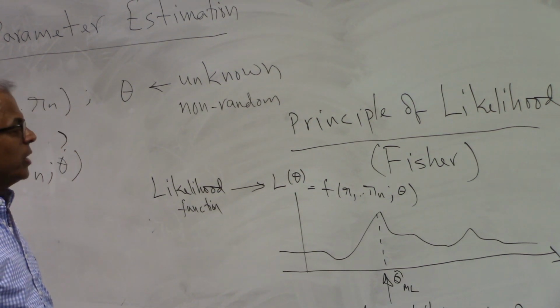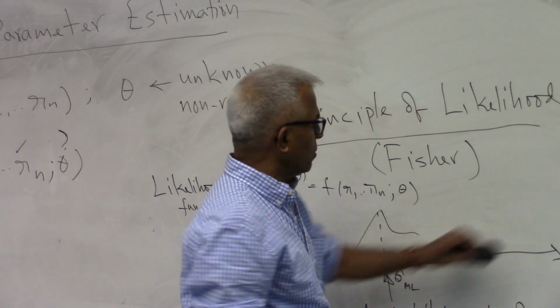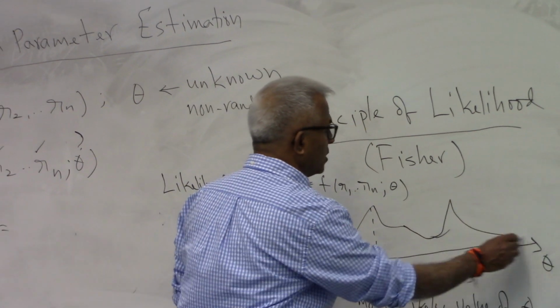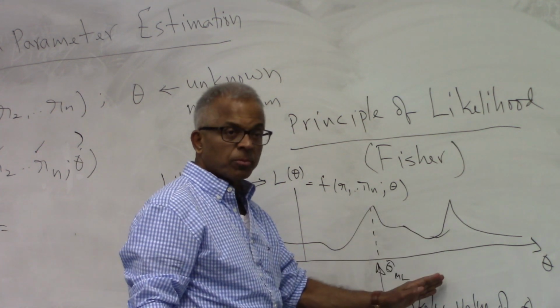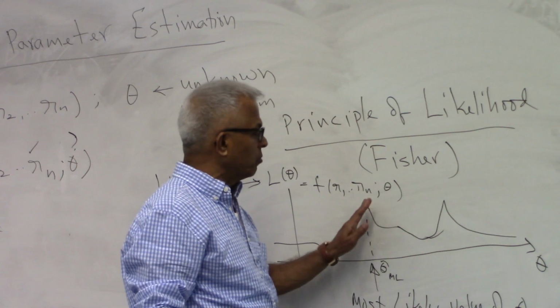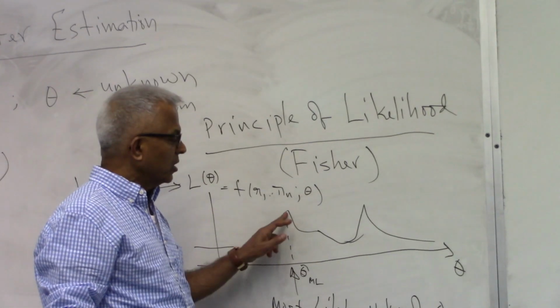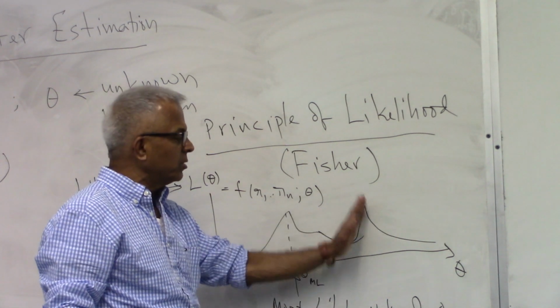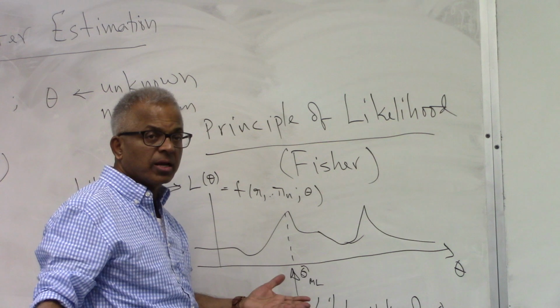Again, you can see from the diagram, in some cases it could be like this, where you may have two solutions, or multiple solutions. If it is unimodal and one peak dominates, then theta hat ML will be unique. Otherwise you can have multiple solutions, because here both are equally likely.